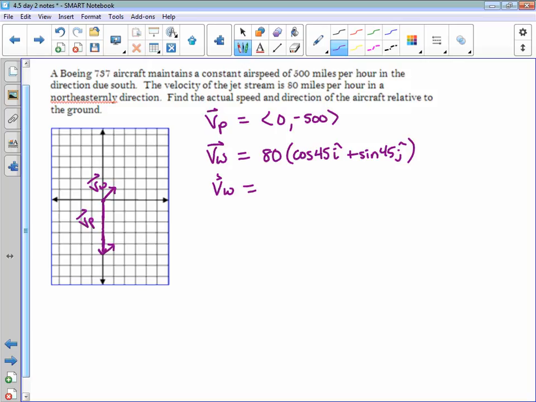So 80, and then you've got your cosine and sine of 45 degrees. You got it? Okay. On day 1, we talked about how you could write it in terms of the angle and the magnitude, and that's what this is. And it should make sense that the cosine is the x piece and the sine is the y piece.